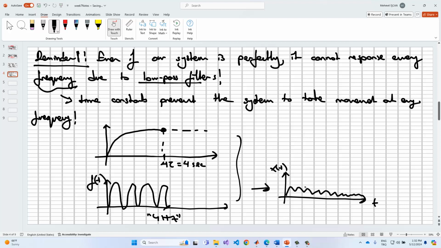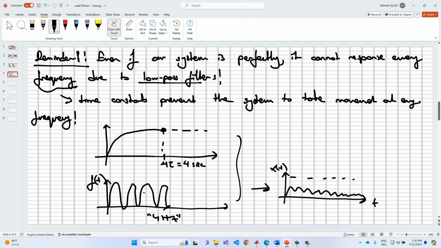And so it cannot reach the steady state values of these terms because we cannot catch up to what? To the input signal. And so this is the frequency response of the R system.